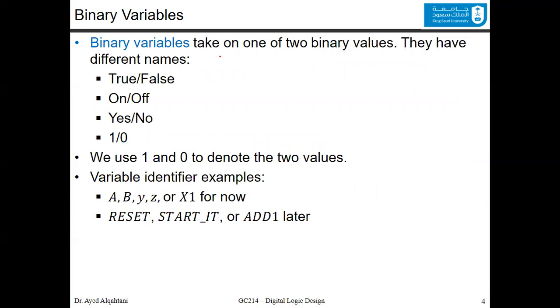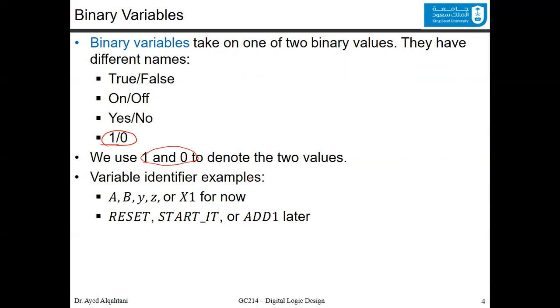Binary variables, as we said, take on one of the two binary values that we know. They have different names: true and false, on and off, yes or no, 1 and 0. And we usually use 1 and 0 to denote the two values. These are the values that we will see most of the time in our class.